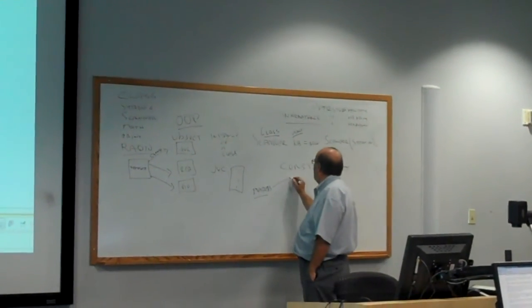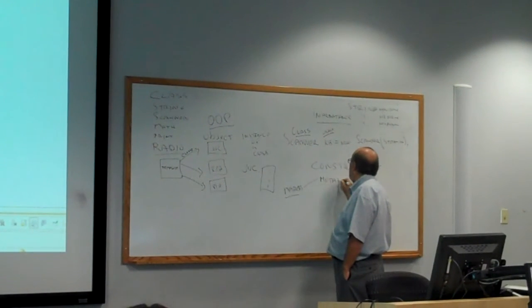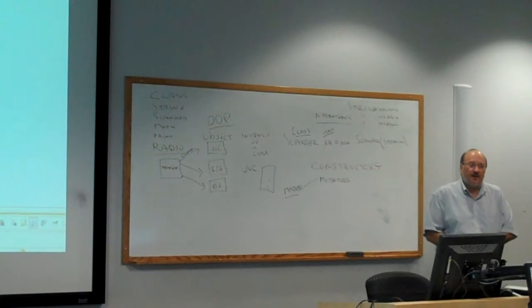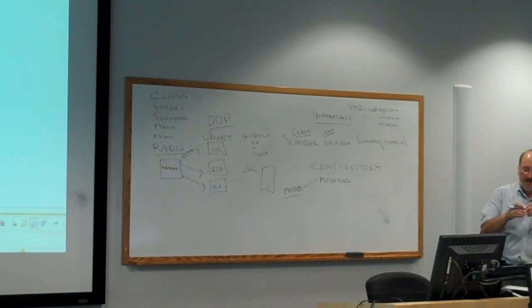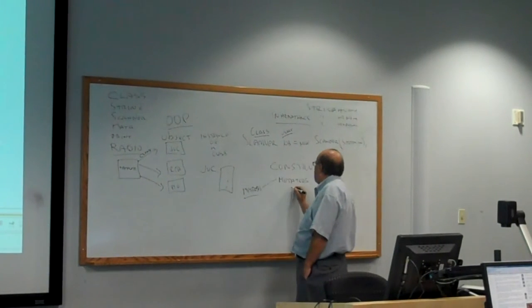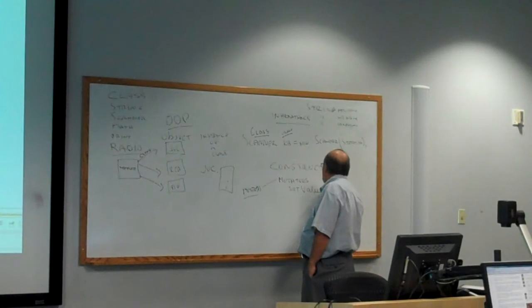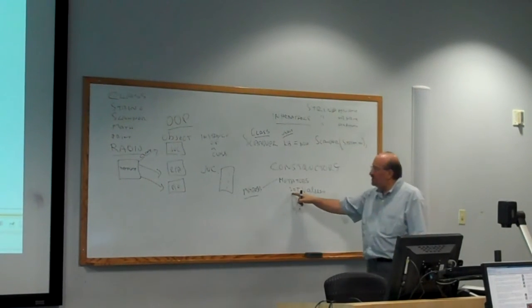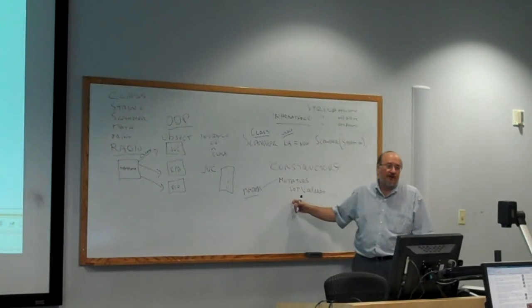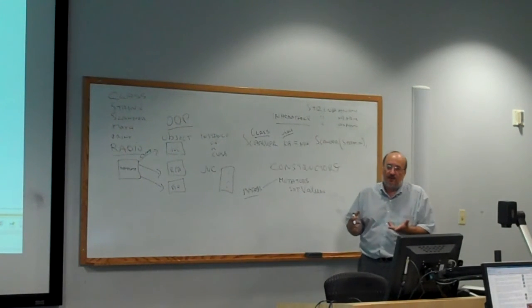The first one I call mutators. Why did they call them mutators? The guy must have been drunk when he did that. Because what they do is they set values. They're actually called setters. So instead of mutators, I would have called them setters, because that's exactly what they do.